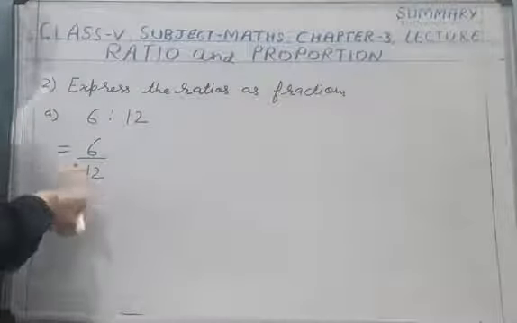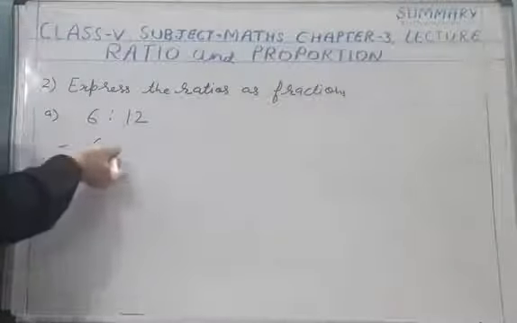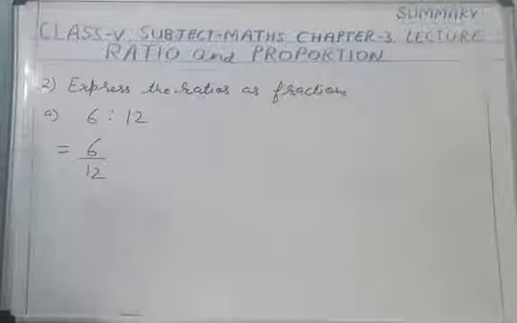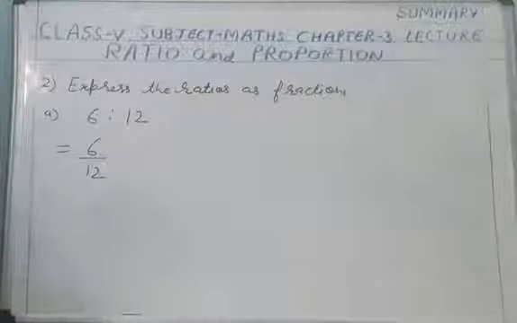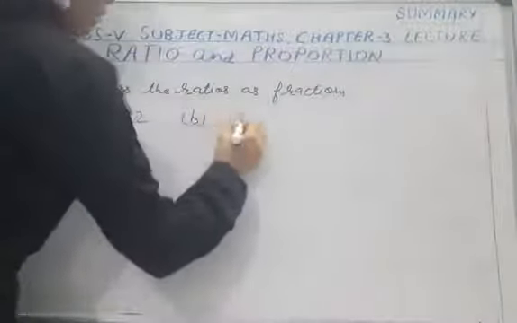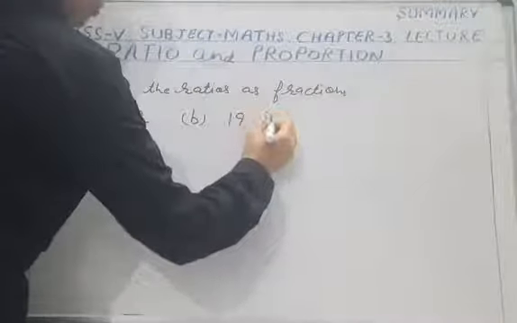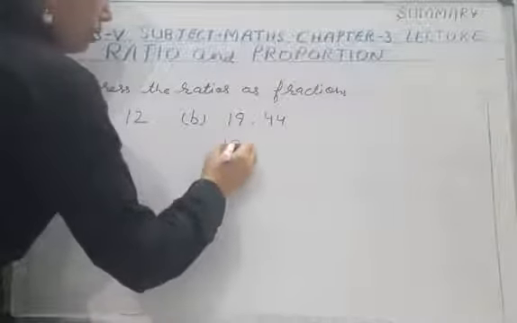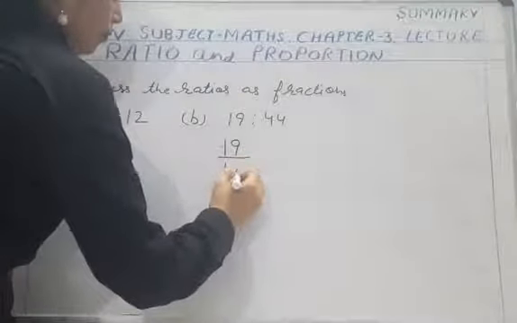And it can be converted into simplest form also. 6 1s are 6, 6 2s are 12. So it will become 1/2. Next is 19/44. To write it in the form of fraction, we will write 19/44.